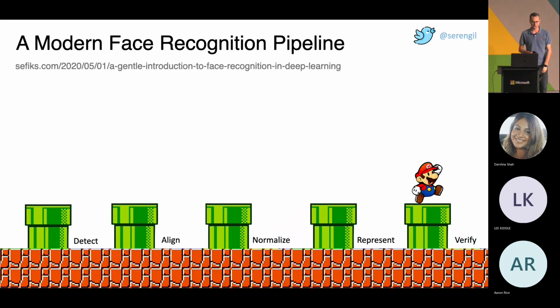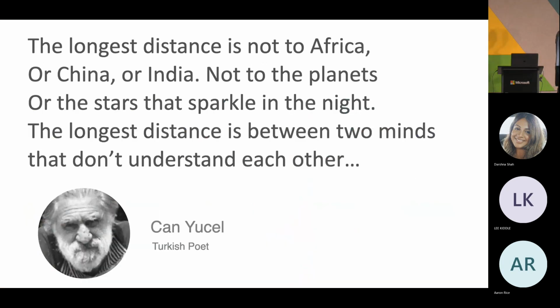And the final stage is verification. Let's visit this stage. But before visiting that stage, I like this poem. It's a poem by a very famous Turkish poet. In verification, we are going to adopt this idea.